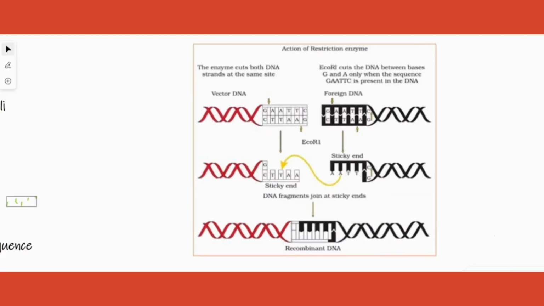Students, let us understand the action of restriction enzyme, specifically restriction endonucleases. So what does it do first? We already discussed what it does. It looks for its own recognition sequence, which is a specific sequence, which is not the same for two different restriction enzymes, right? Now, where is it looking?